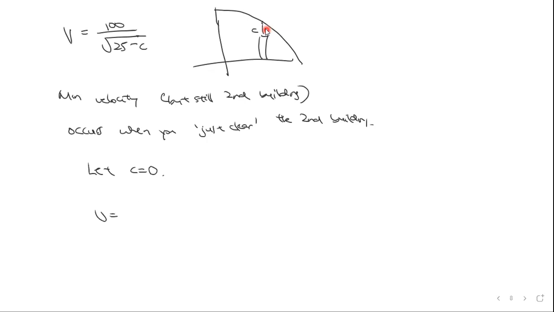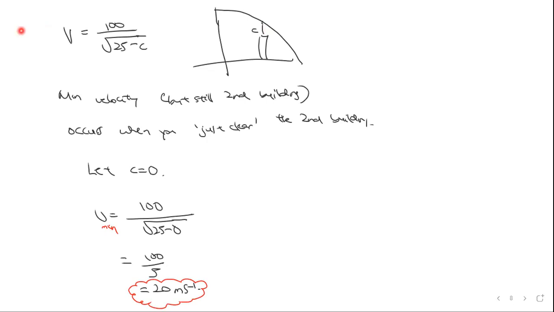Of course, that means v equals 100 over the square root of 25 minus 0, which is 100 over 5, which is just 20 meters per second. And that's really what they're asking for there.